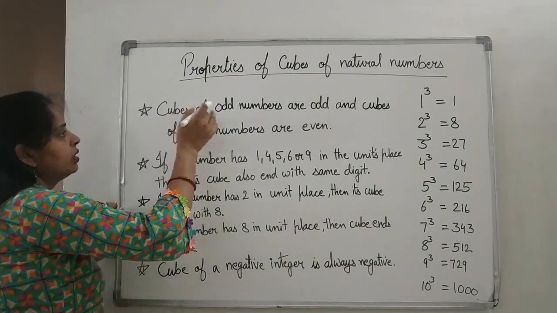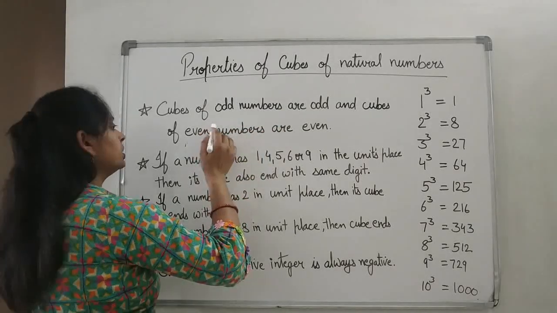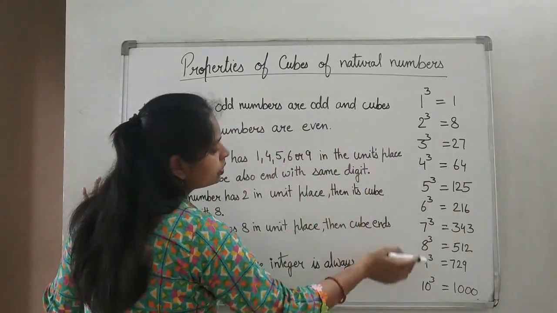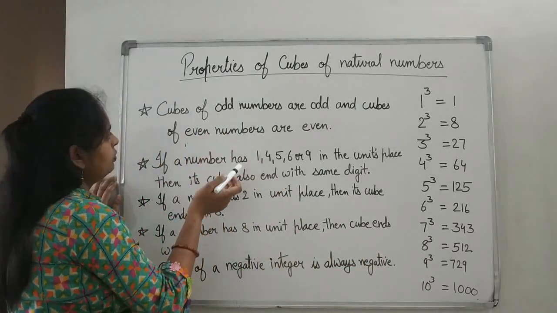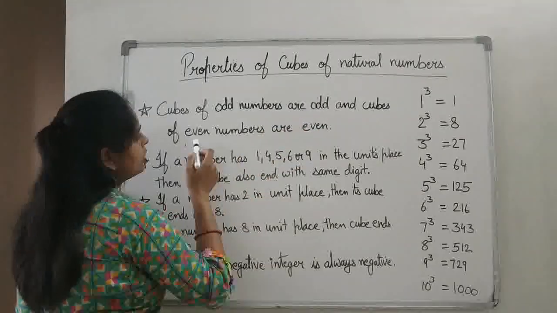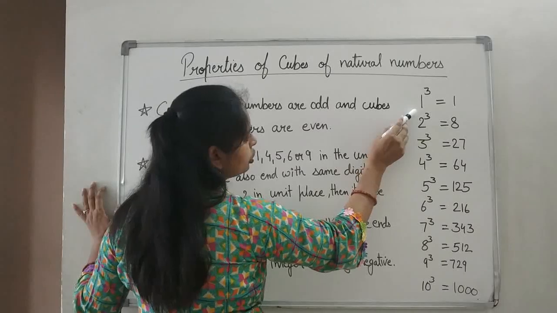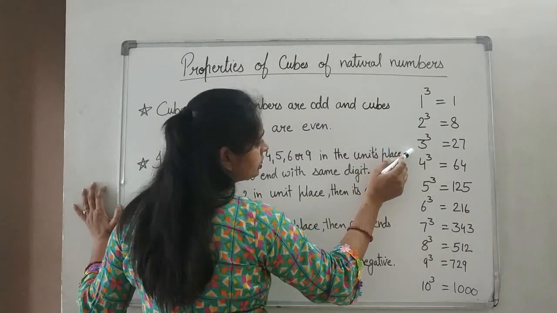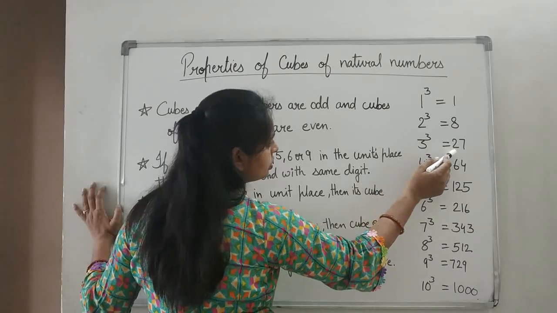Yes, now see the properties of cubes of natural numbers. Here I have written the cubes from 1 to 10 so that it will be better to understand the properties. Cubes of odd numbers are odd and cubes of even numbers are even. 1 is odd, and its cube is 1. 3 is odd, its cube is 27.